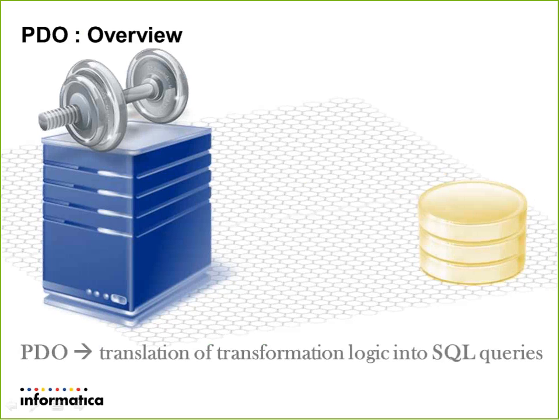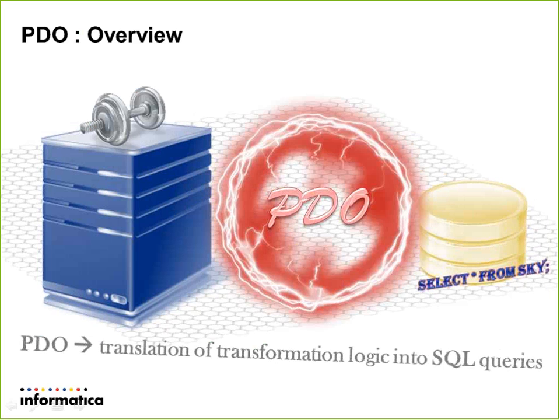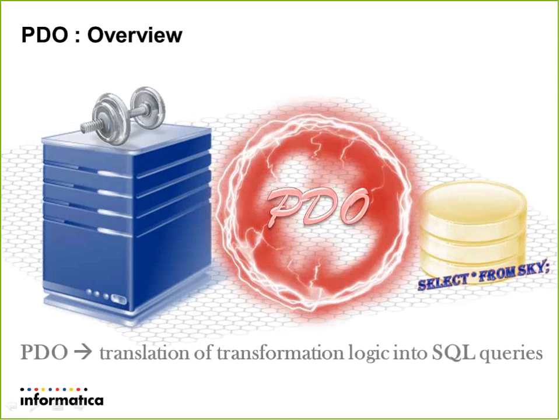PowerCenter Pushdown optimization, also called PDO, is a session configuration through which the applicable transformation logic would be pushed to a source or the target database. When configured, the PowerCenter Integration Service translates the transformation logic into SQL queries. Once generated, the Integration Service fires the generated SQL queries to the corresponding database.